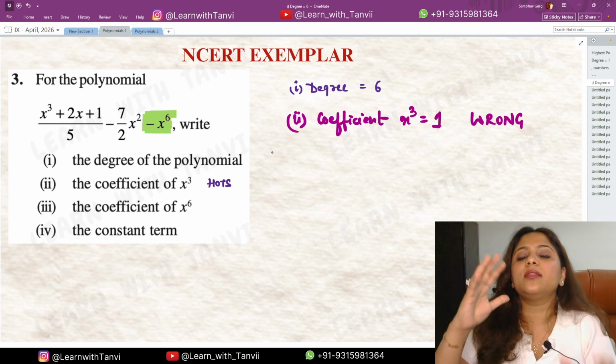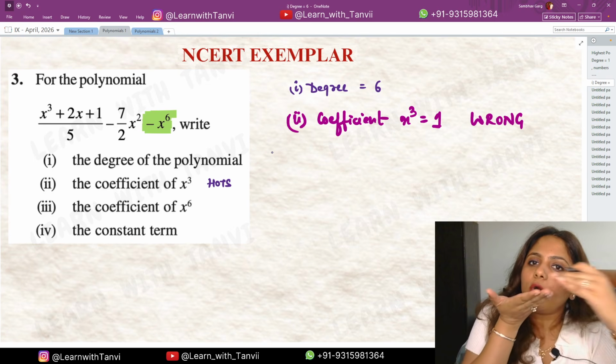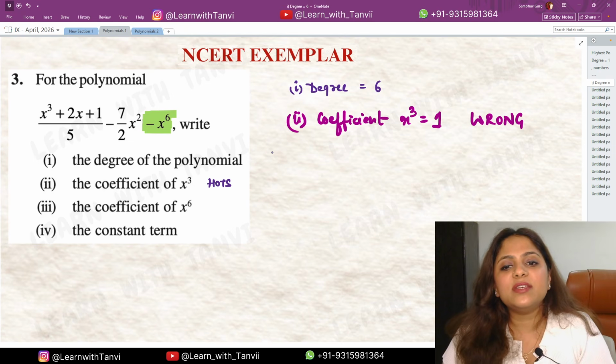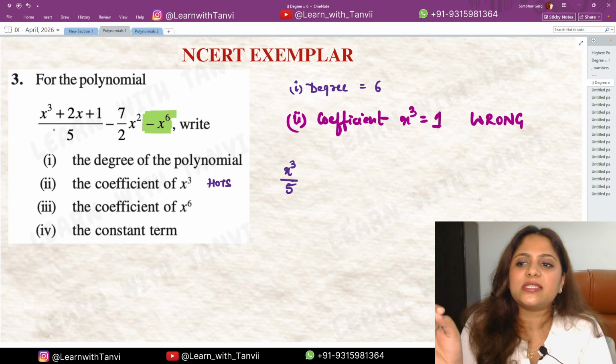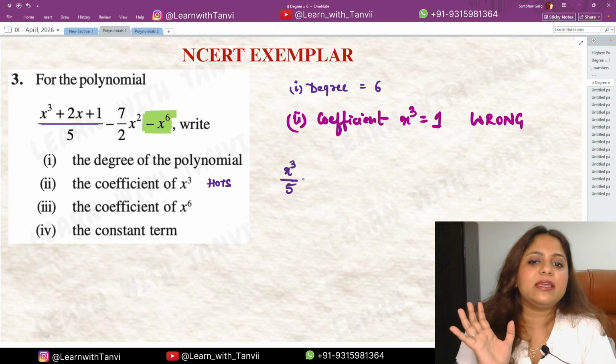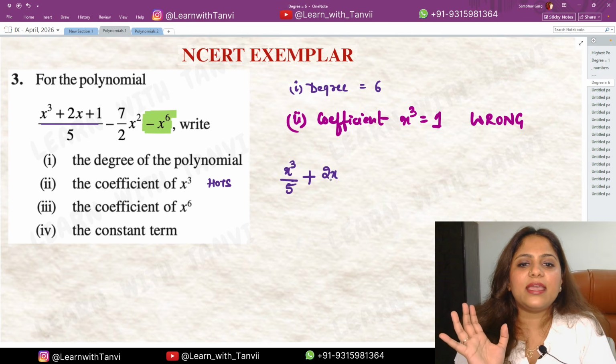You don't want the denominator with all the 3 terms together. हमें separate out करना है. तो how do we separate out बेटा? You write the denominator with every term. इस 5 को जिसके नीचे ये 5 है उसके साथ हम नीचे 5 लिख देंगे अलग अलग करके, like this.